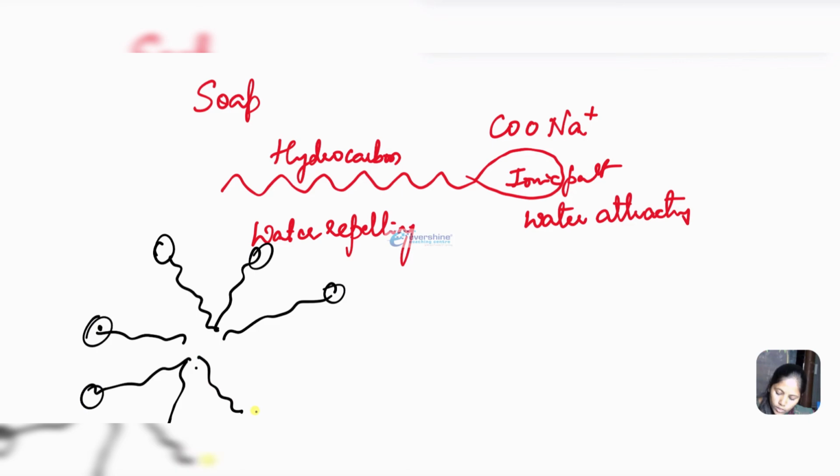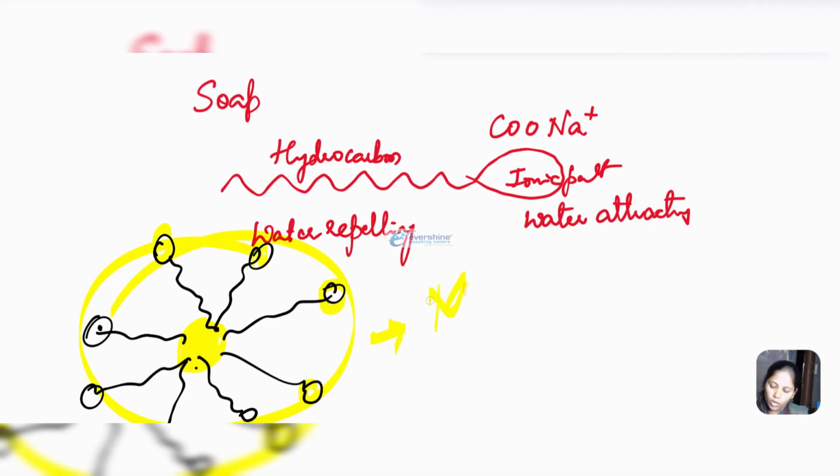In the middle there is dirt. So the water repelling part, that is the hydrocarbon part, is attracted towards the dirt and the ionic part is always outside.